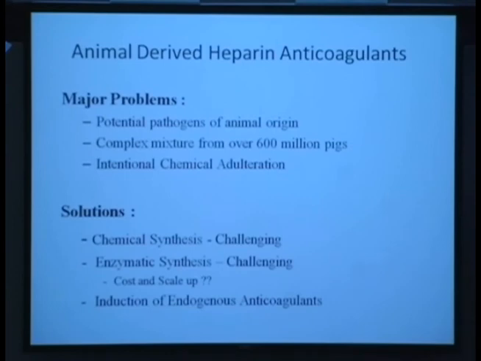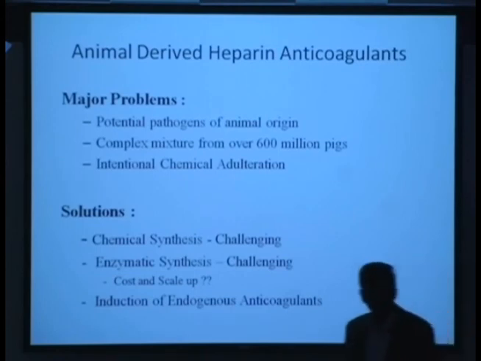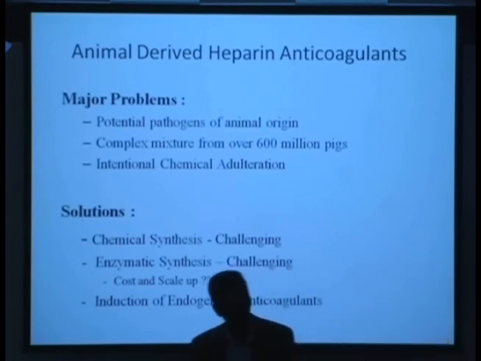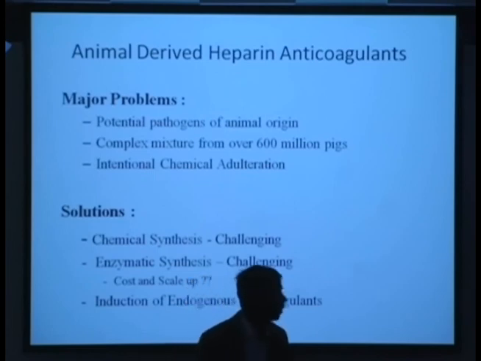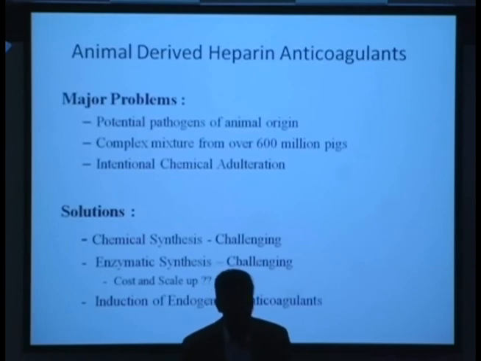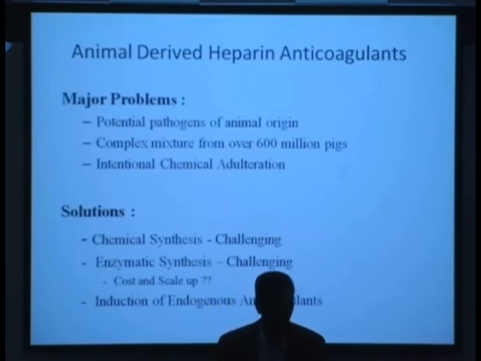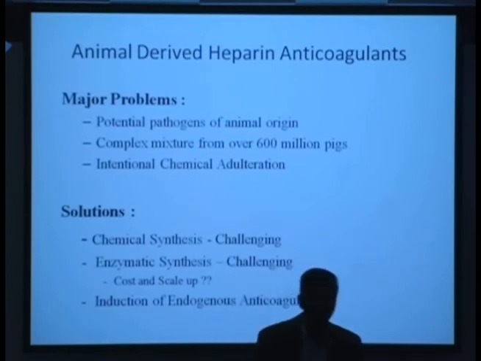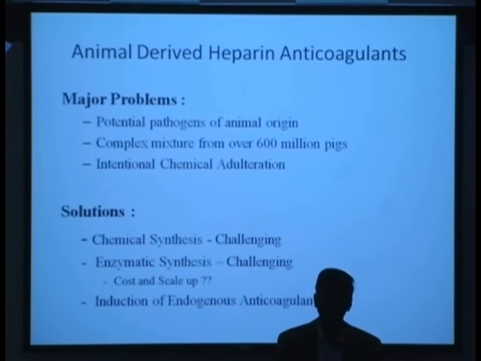The problem is that it's very challenging, and you can also use enzymatic synthesis, which is equally challenging. You need so many different enzymes, and at the end of the day, what can get you to the market is how cost effective and how scalable it is. Right now, enzymatic synthesis has started rising above the bar, but the question is still about the cost.